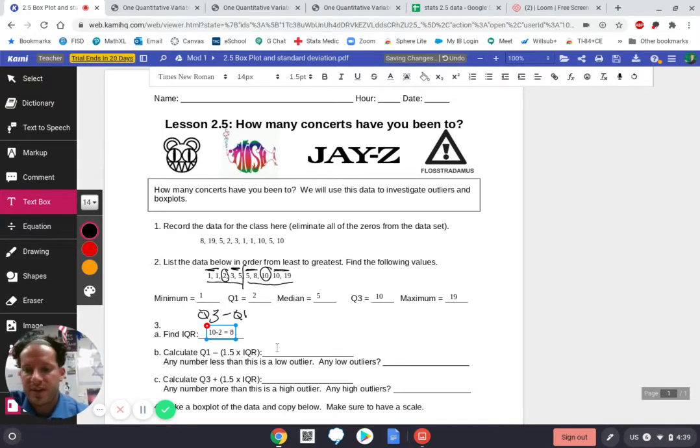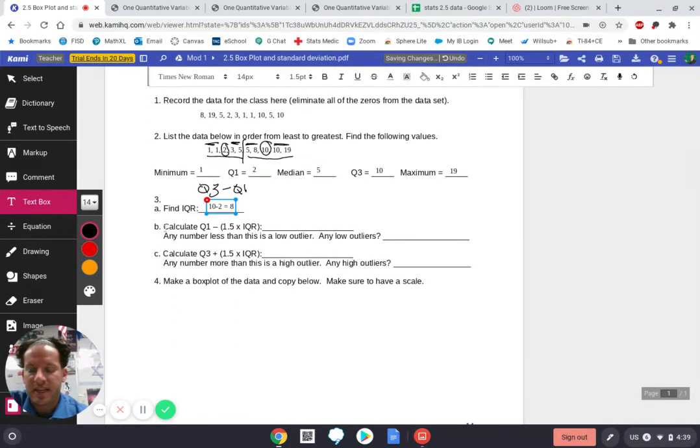So we have a little formula here in 3b that says calculate this number here, Q1 minus 1.5 times the IQR. So our Q1 is 2, and we subtract from that 1.5 times the IQR that we just found right above of 8. So we'll do 2 minus, and then 1.5 times 8 is going to give us 12, which gives us negative 10.